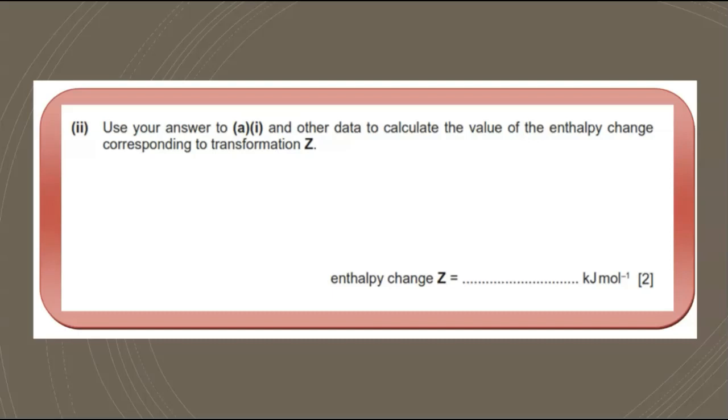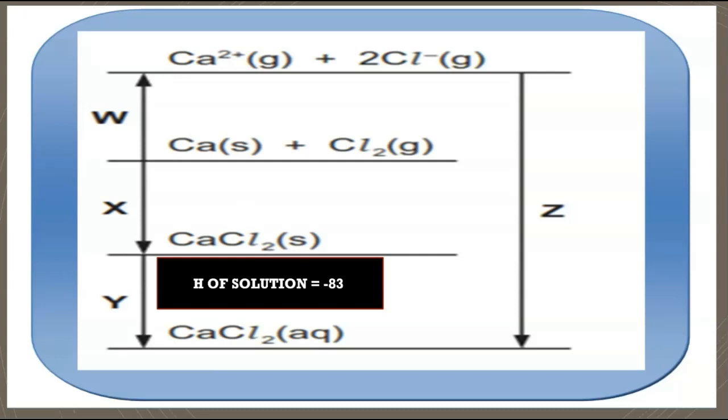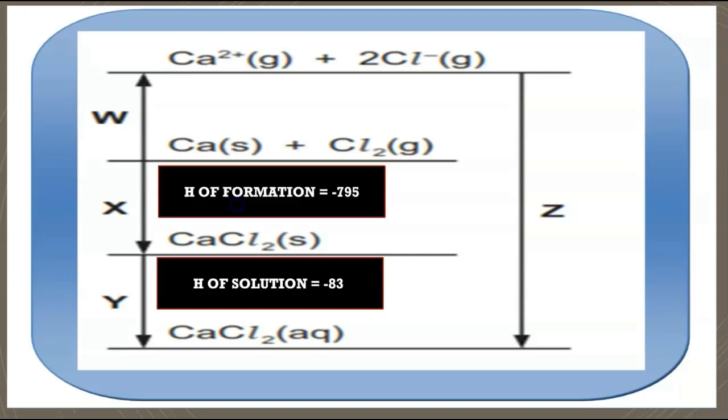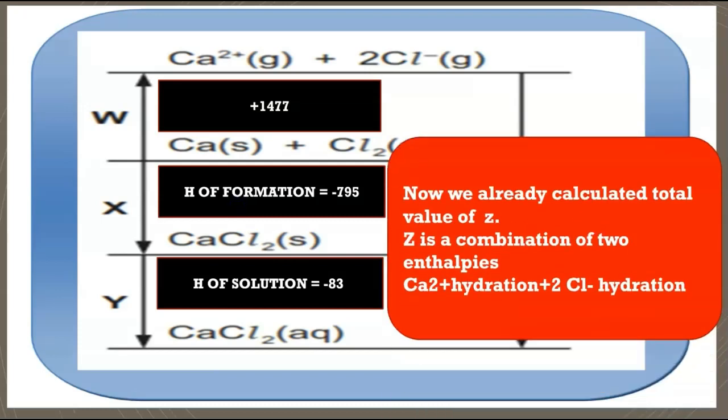In the first part we calculated the value of W and then we calculated the value of Z. Now again please remember that we have heat of solution, we have heat of formation, W we have already calculated, and the total value of Z has also been calculated. So as you know, Z is a combination of two enthalpies, calcium 2 plus ion hydration energy and 2 chloride ion hydration energy.